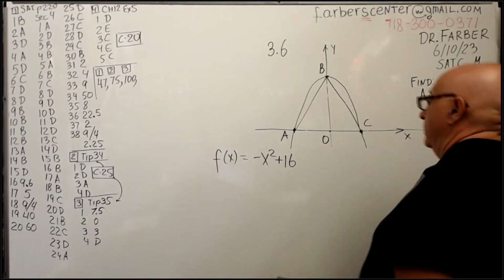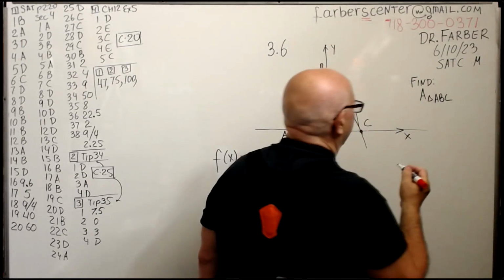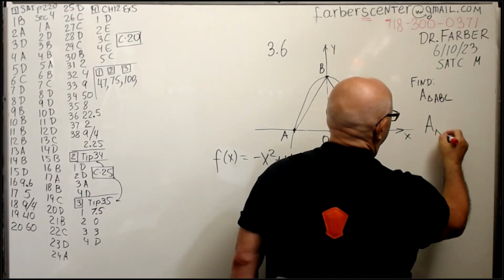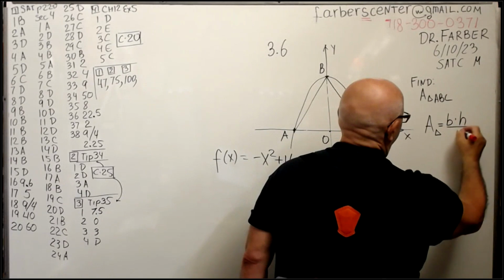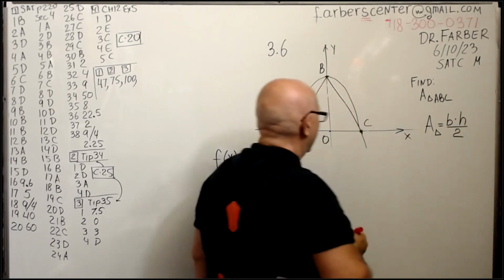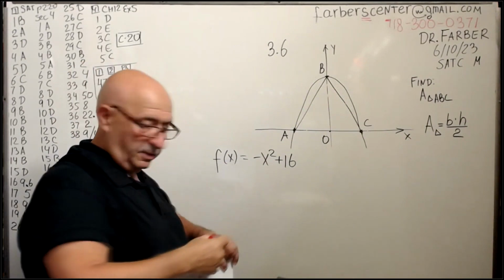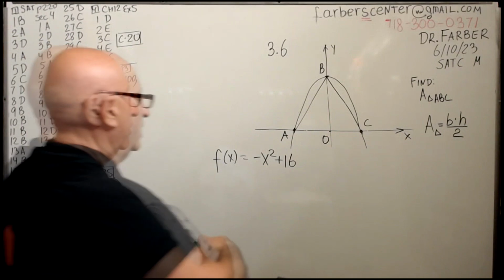Well, from fifth grade, you know how to find the area of a triangle, right? What is your goal? Area of a triangle is base times height divided by 2. In our case, if I take a different color, this is my base.